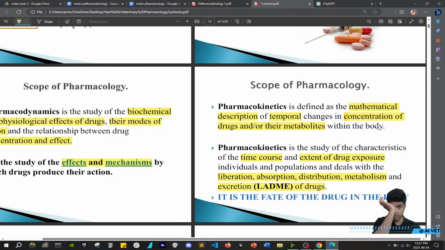Pharmacokinetics is the study of the components: liberation, absorption, distribution, metabolism, and excretion.